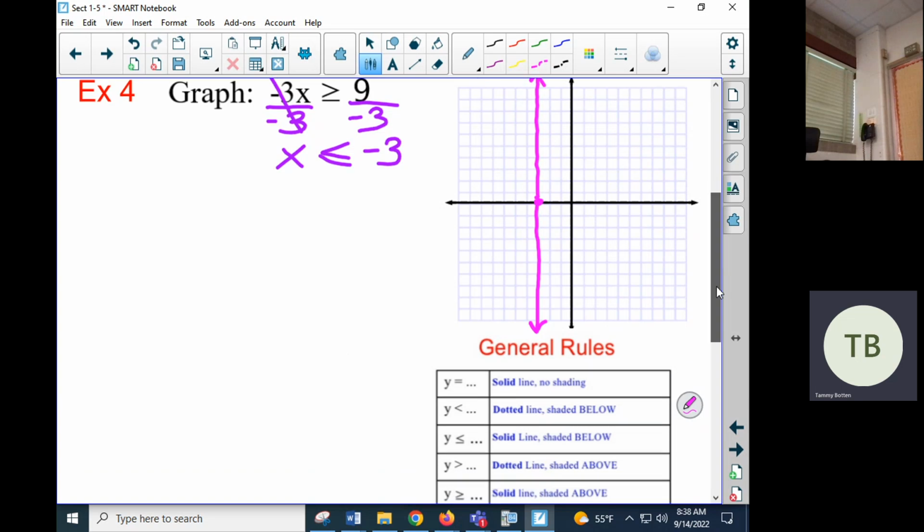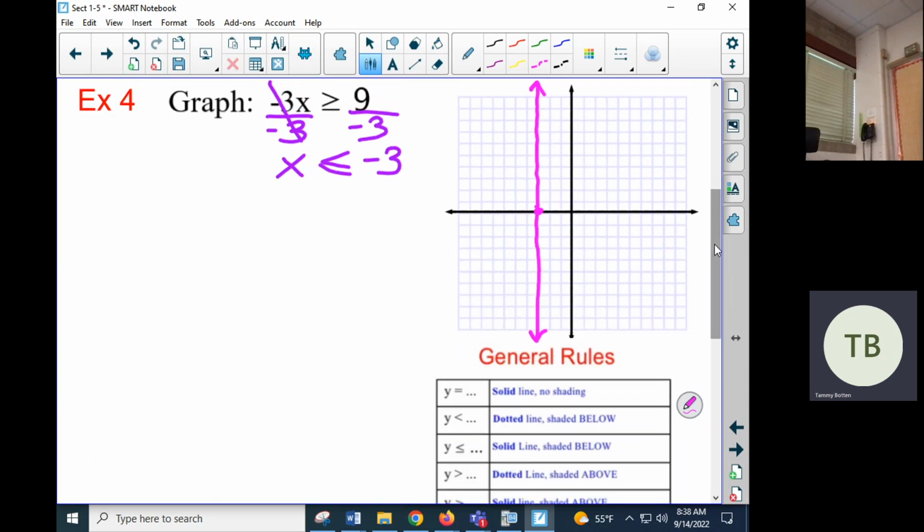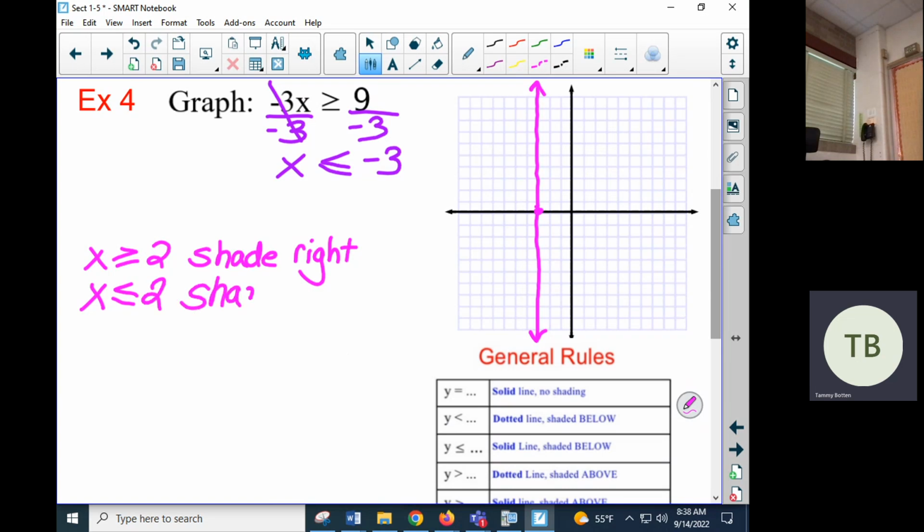Now, when you have x equals, you guys could write this down if you wanted to. If x is ever greater than or equal to, you're going to shade to the right. So you could add these on to here. And if x is ever less than or equal to, you would shade to the left.